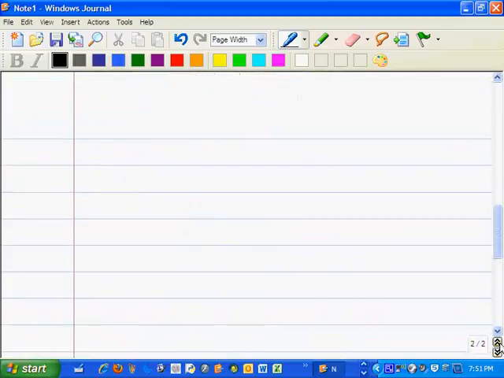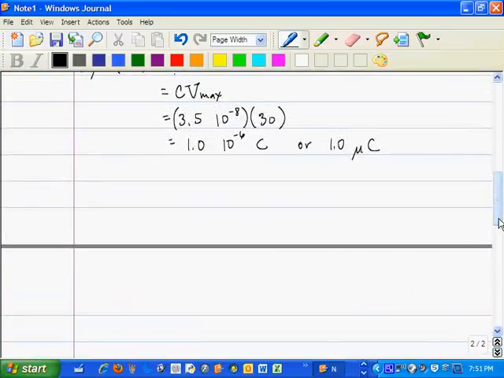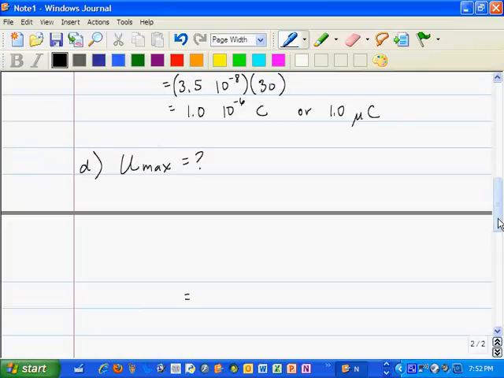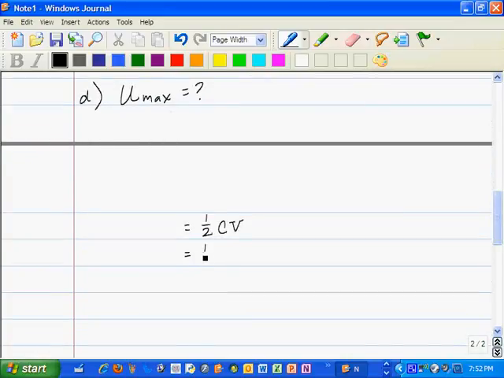Now, how much energy can we store in this capacitor? Remember, there are several different ways that you can calculate this, if you know the charge and the capacitance, or if you know the capacitance and the voltage. So let's just use 1/2 times the capacitance times the voltage.